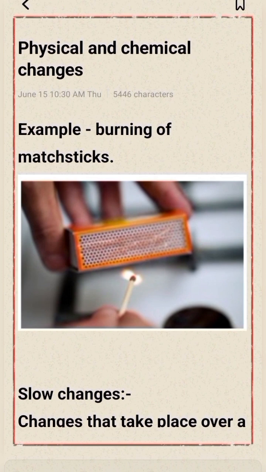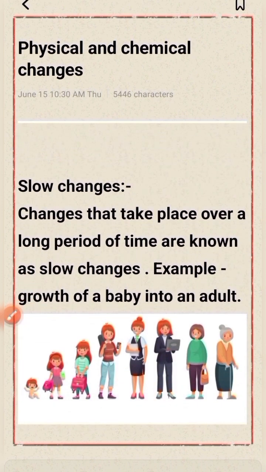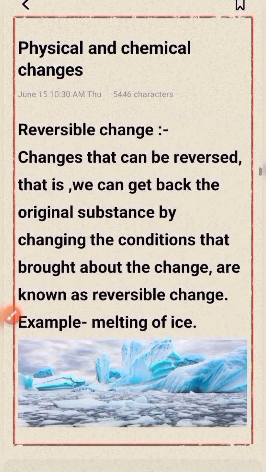Next, changes, slow changes. Changes that take place over a long period of time are known as slow changes. Example, growth of a baby into an adult. Show the picture. Okay. Next, changes, reversible changes.